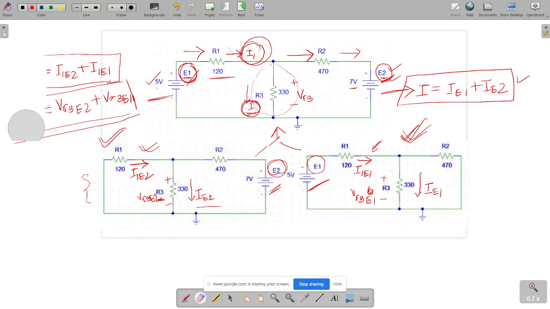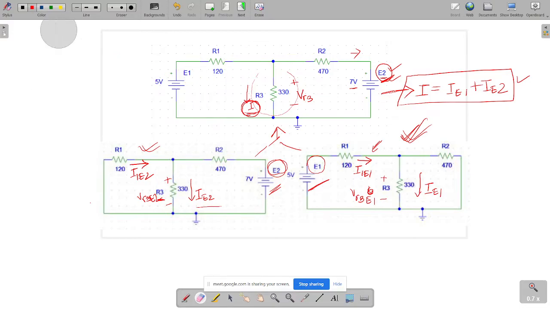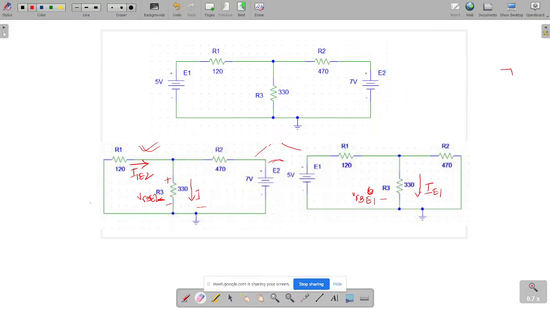So let me clear this out. Your task will be to solve all the branch currents. Let us consider the current flowing through R1 is I1, the current flowing through R3 is I3, and that of R2 is I2.